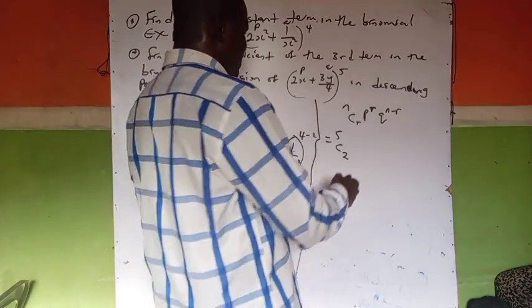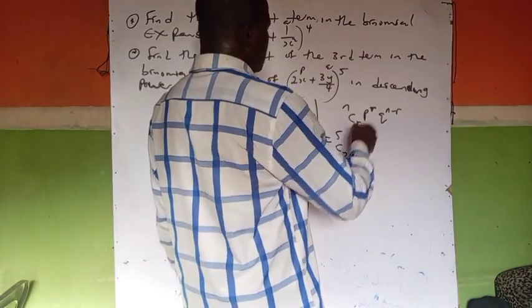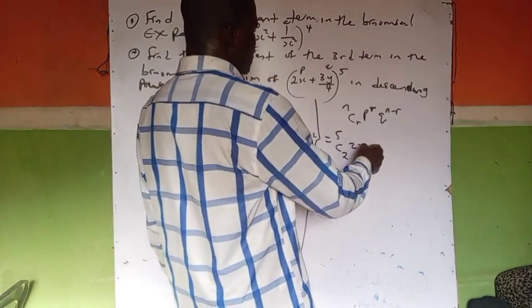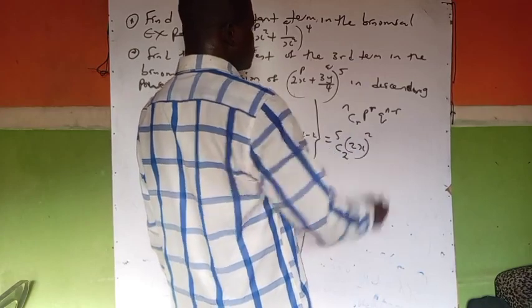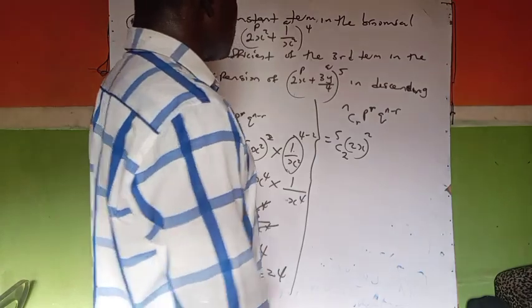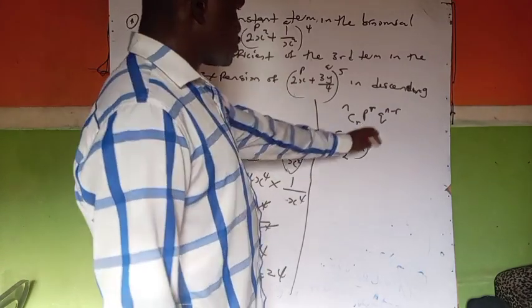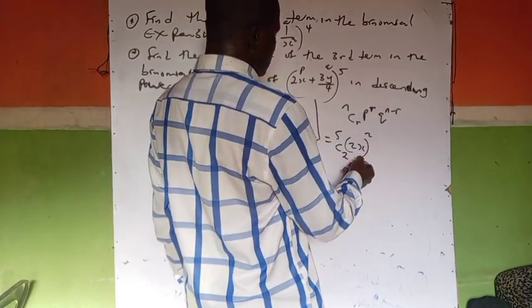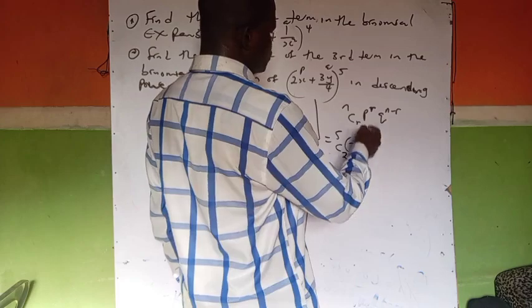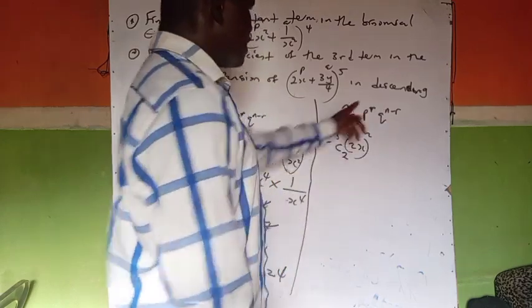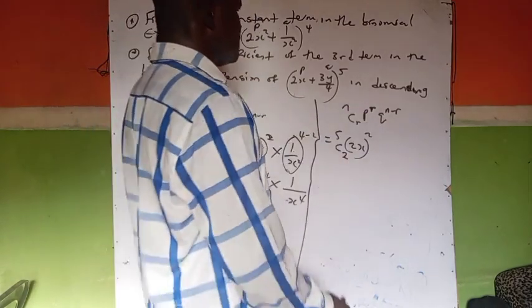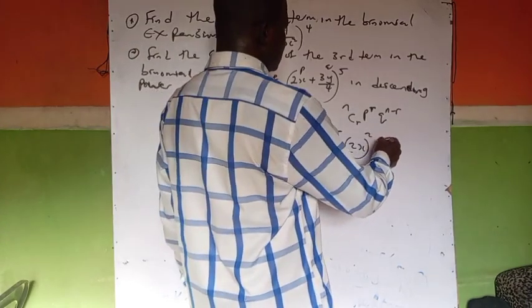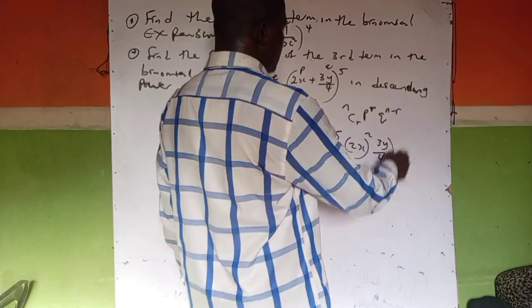So what you have here is, then you have this one, x raised to power what? 2. So you have 2x squared, because you have R as 2. Then Q. So you have 3y over 4 raised to power 4.